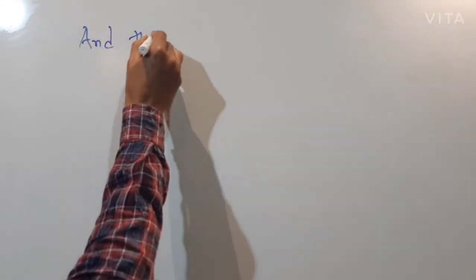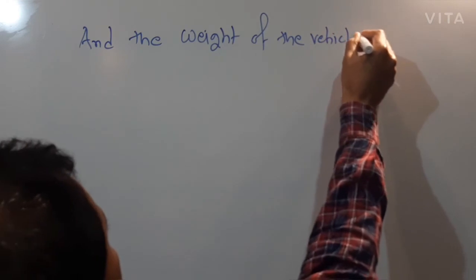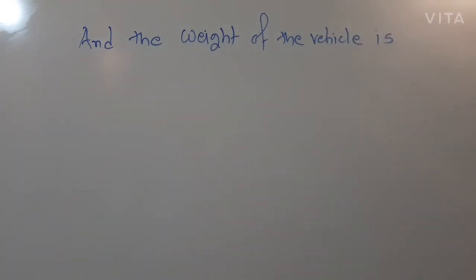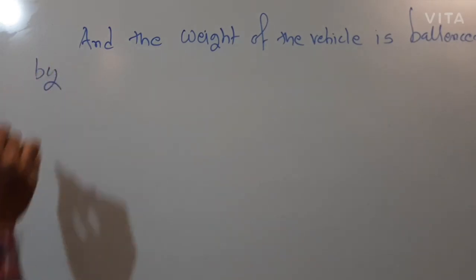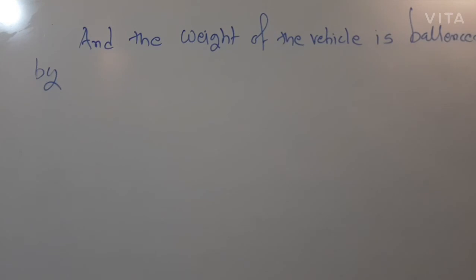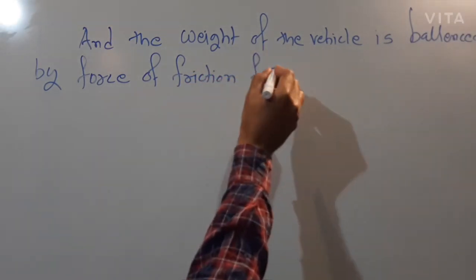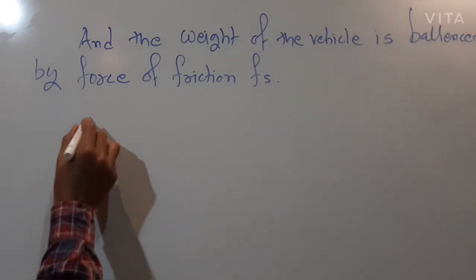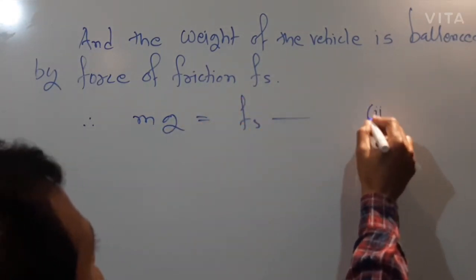Now, the weight of the vehicle is balanced by the force of friction Fs, and from this discussion we are able to form an equation. Weight is mg and it is balanced by Fs. So write down, this is equation 2.